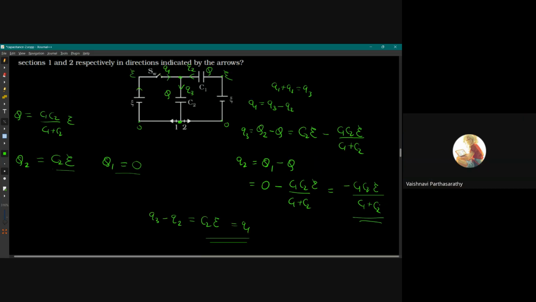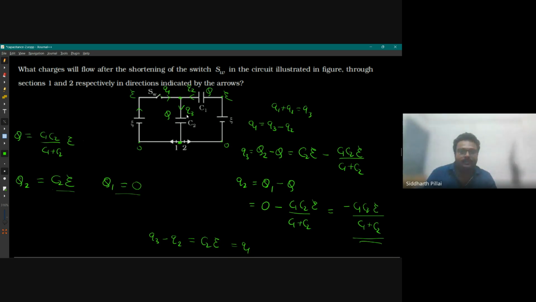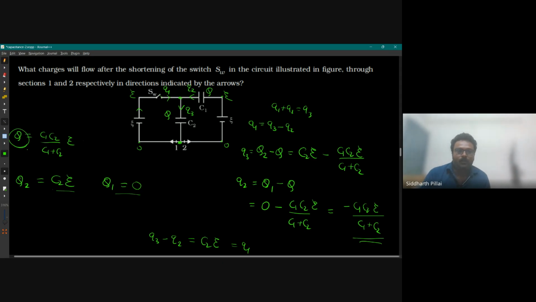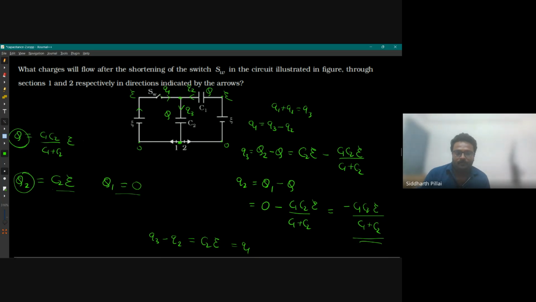Can you repeat how you got Q3? Yeah, sure. Q3 is how much charge is flowing through the capacitor so that it goes from the initial charge Q, this one, to the final charge, this one.